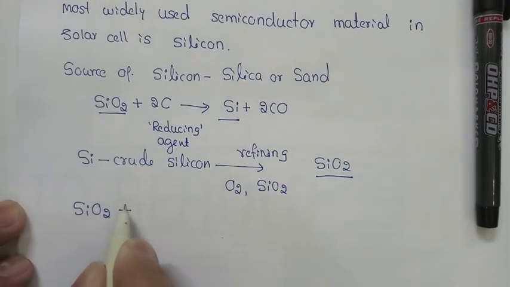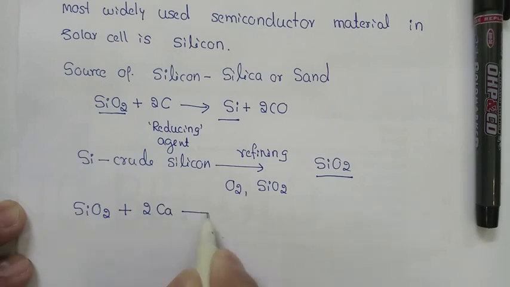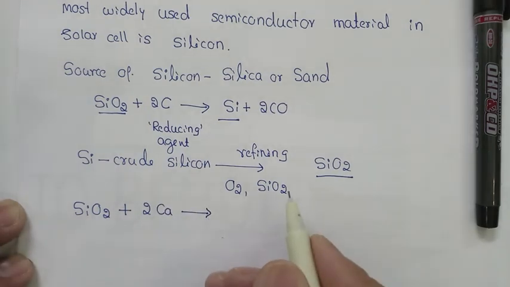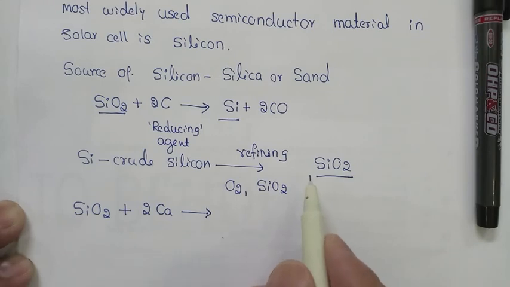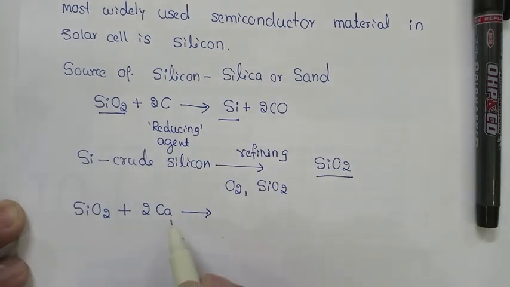Now further, this silicon dioxide, SiO2, is treated with a metal, calcium. Calcium reduces silicon dioxide to silicon, plus it forms calcium oxide.